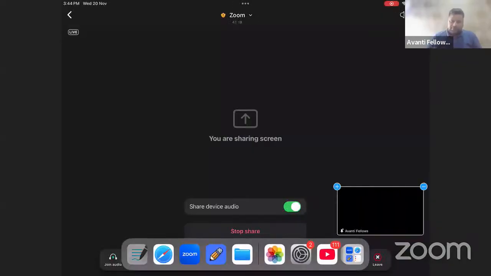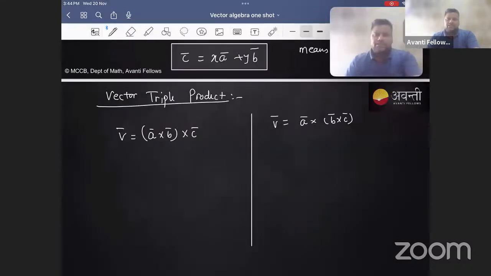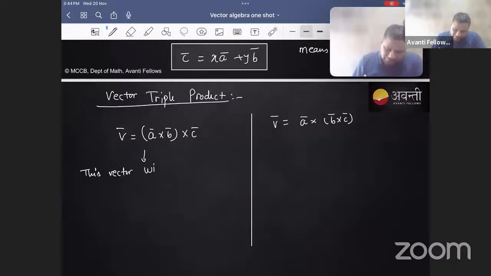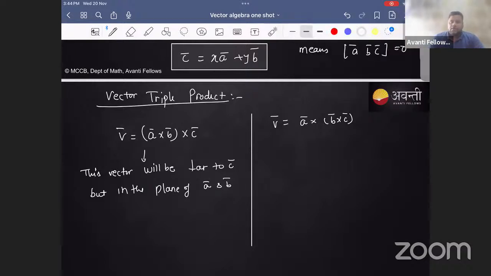So it is like this, that this vector will be perpendicular to C, but in the plane of A and B. Am I clear?